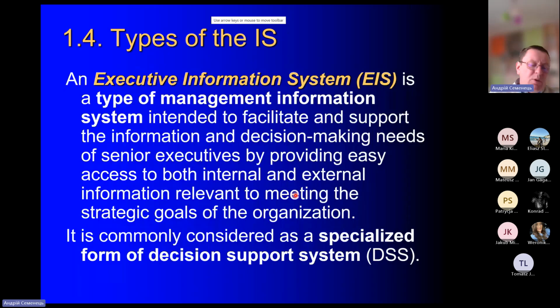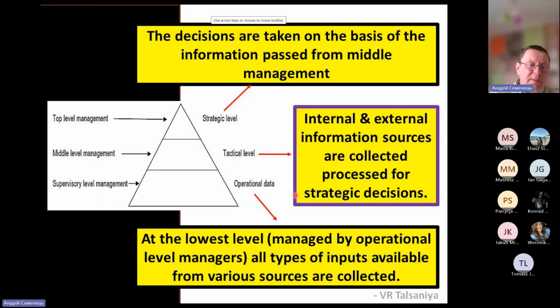Executive information system is a special subset of management information system that supports the decision-making information needs of senior executives. It is a rare case, but still available in some information sources, so I have included it in this lecture. It is actually a specific case of a decision support system, and sometimes it is still kept at the same level.